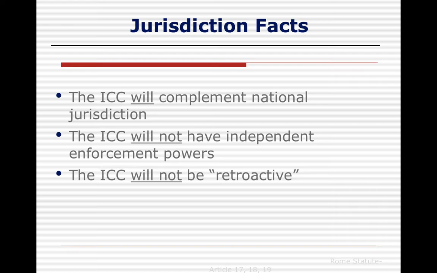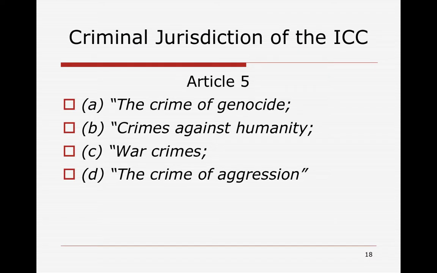They can provide a judgment. They cannot enforce it. They do not have a police to enforce it. And third, the International Criminal Court will not be retroactive. Simply put, any crimes which have been committed before 2003 cannot be brought under the purview of the ICC. Okay, so that is where certain jurisdictional facts are there.